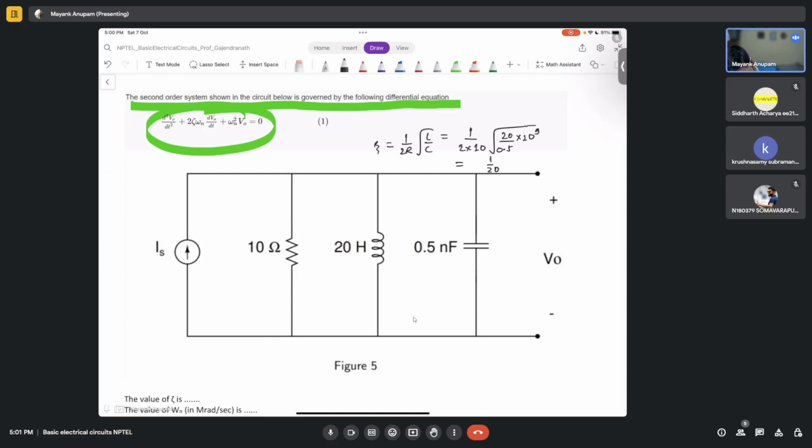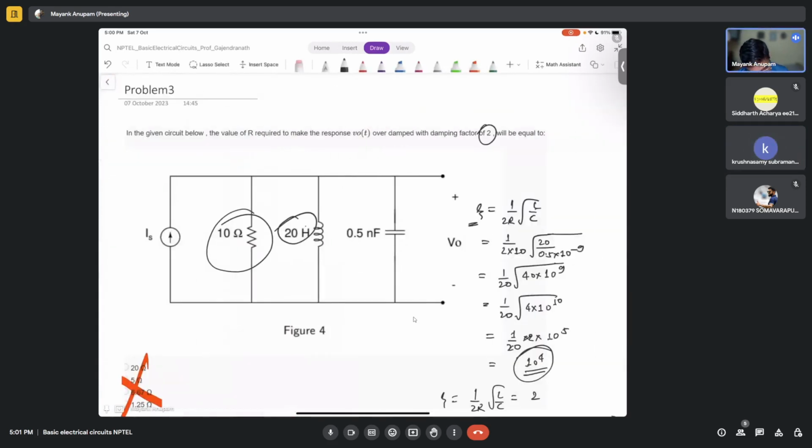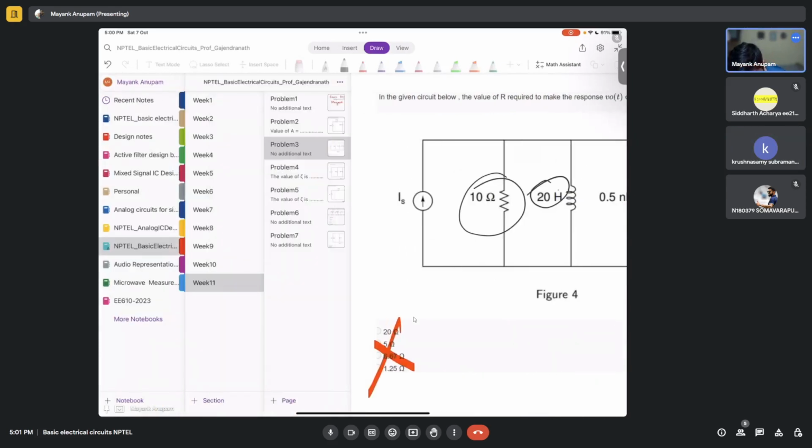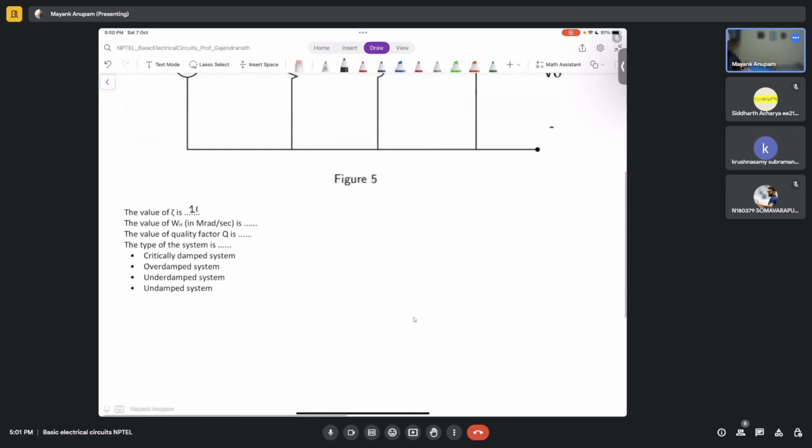I guess it is exactly the same, right? Yes, it is exactly the same. So it is 10 to the power 4, right? No need to even solve it.